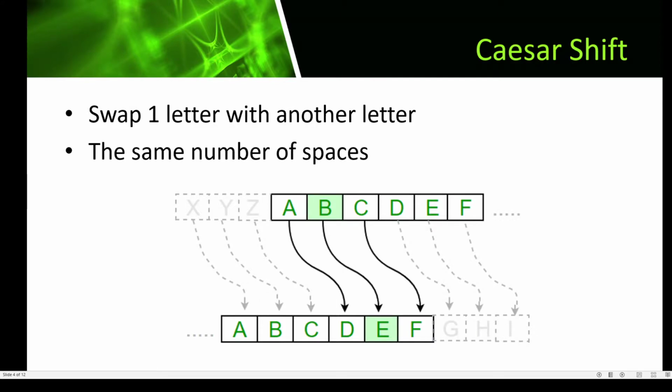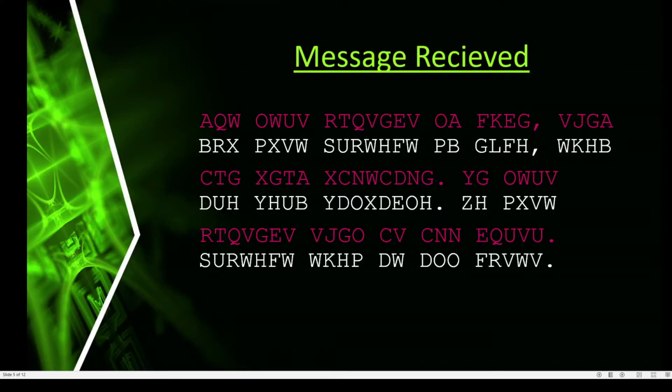The way to convert back is to write down the list of the alphabet and write your new alphabet underneath and convert back. This is the first message we received. As you can see, the code is in white. The white code is the one we're trying to decode.